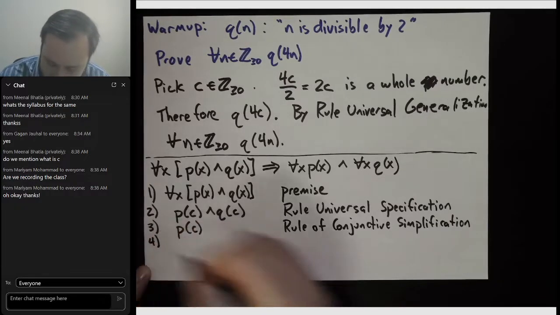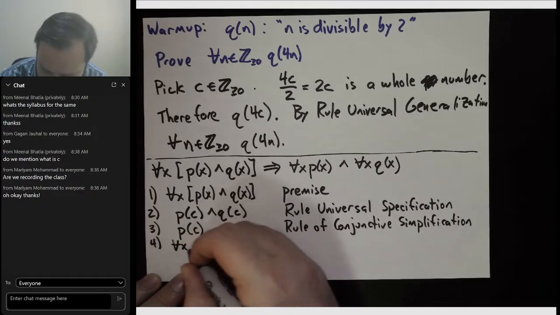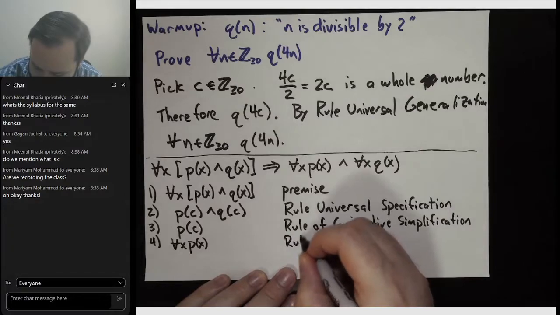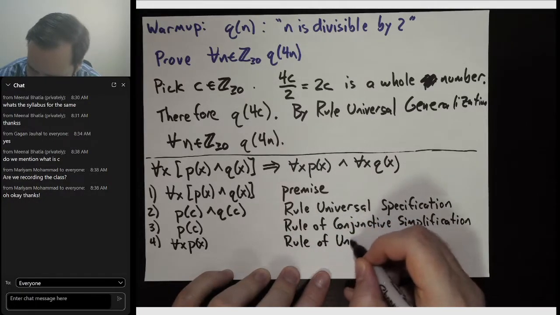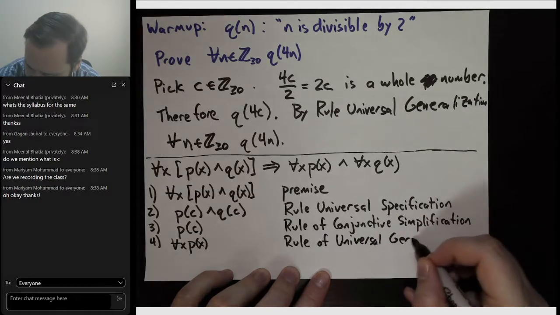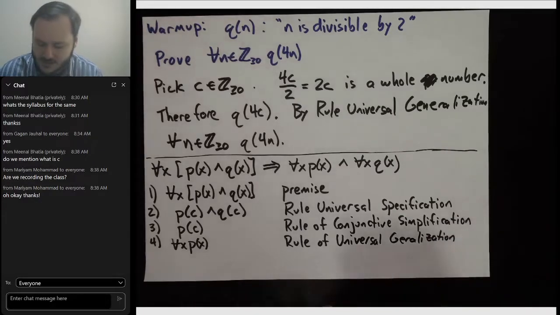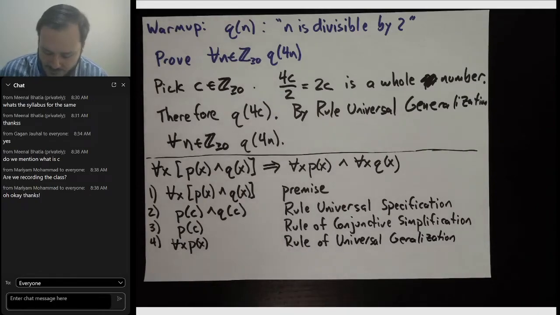So now I can use my law of universal generalization to say not just P of C, but for all x P of x.